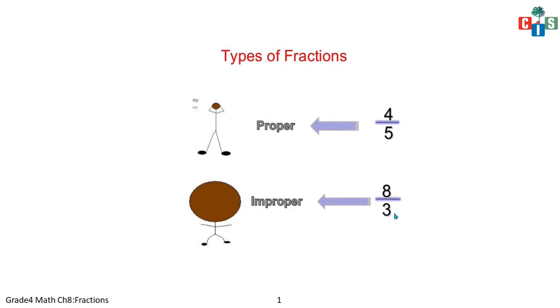Okay, it is possible for the numerator to be bigger than the denominator. That fraction is known as an improper fraction. Its head is big, the numerator is big. Fine. And the third type of fraction is the mixed fraction. We will deal with each type of fraction in detail. Fine. Let's move on to each one by one.